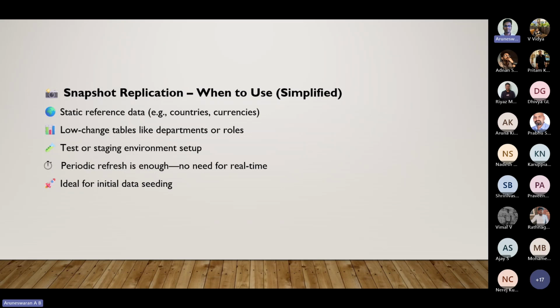For example, let us assume we have one table in which we have the gold rate. Today the gold rate is around 20 to 50K, and tomorrow it will change.